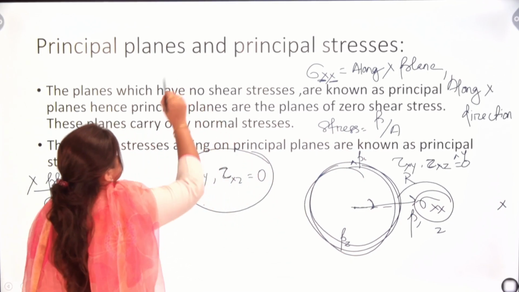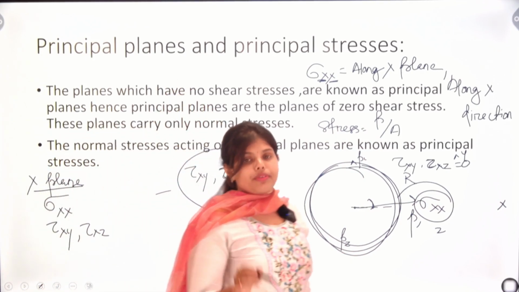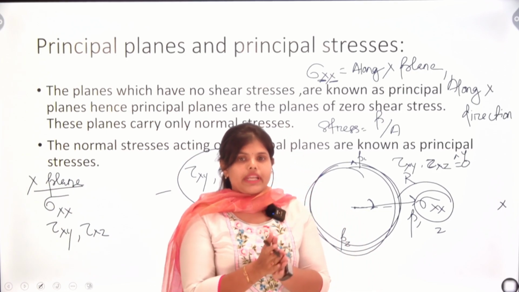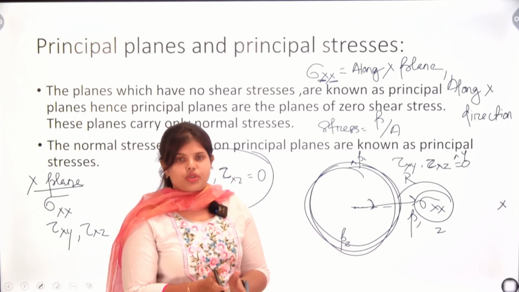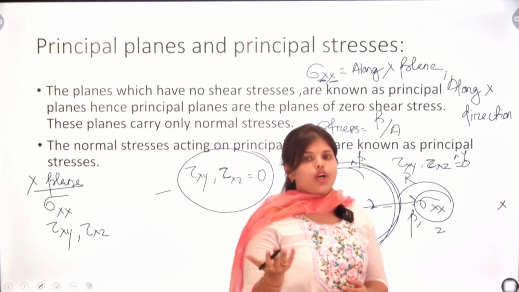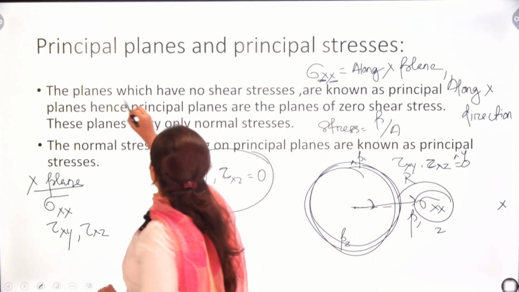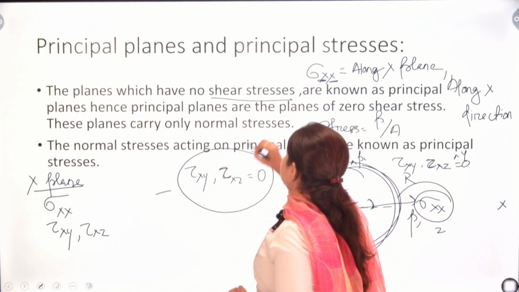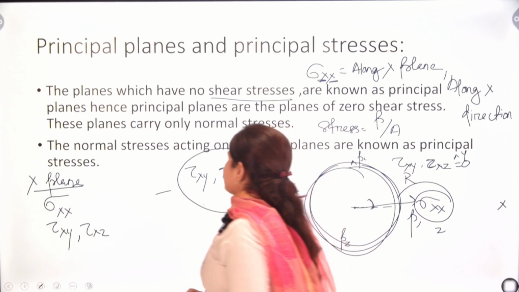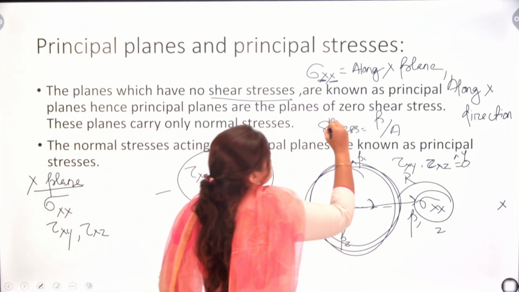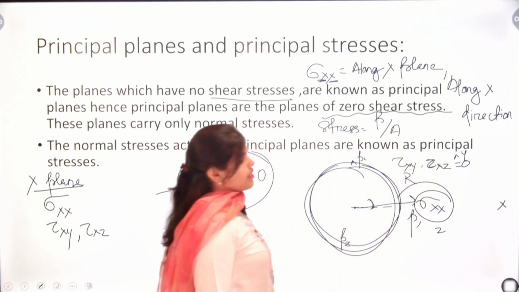Here as written, if in case of any plane only the normal stress is present and shear stress becomes 0, that plane we term as principal plane. Here the planes which have no shear stresses are known as principal planes, right. Hence principal planes are the planes with 0 shear stress.